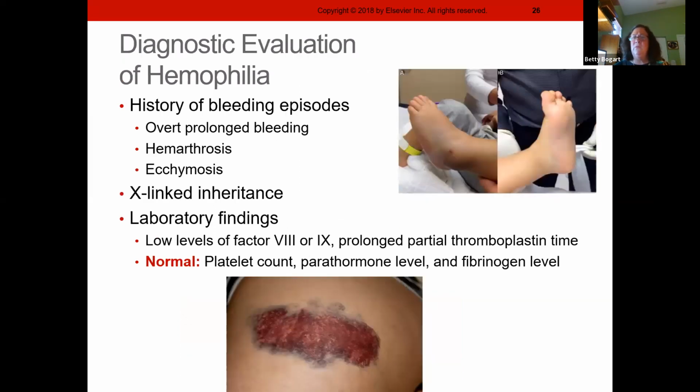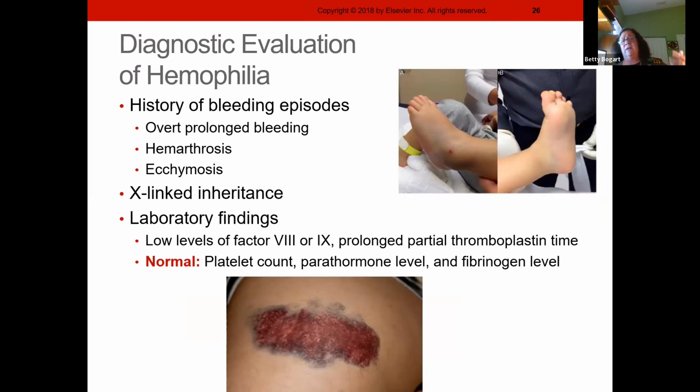So what do we see? Now, remember I was talking about having epistaxis and nosebleeds all the time, and then you start looking for things. Well, it could be just the platelets, but it could be something else happening here. So we're looking for overt prolonged bleeding. You fall down, you scrape your knee, and you keep bleeding, bleeding.